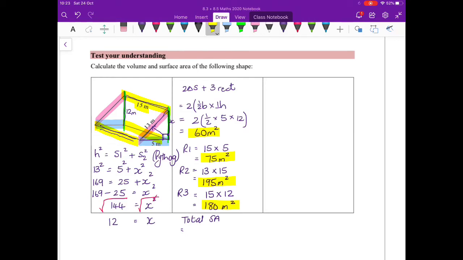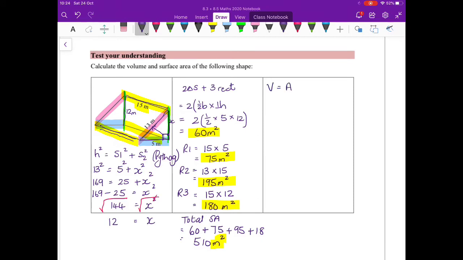Those are all meters squared. So let's write this down. So it's going to be 60 plus 75 plus 195 plus 180, and if I add those all together, I will get 510 meters squared. Remember to put your units. Surface area is squared because it's two-dimensional. You saw how the prism folded out flat, so that's why it is two-dimensional or meters squared.